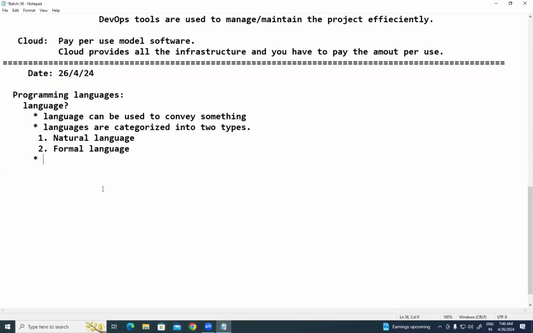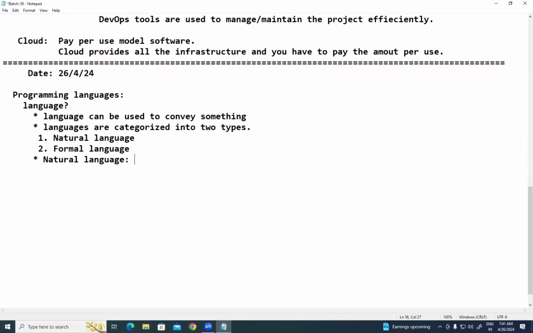Everybody? Yes. So coming to natural language. Folks, natural language means what actually? It is a language which human beings talk with each other.